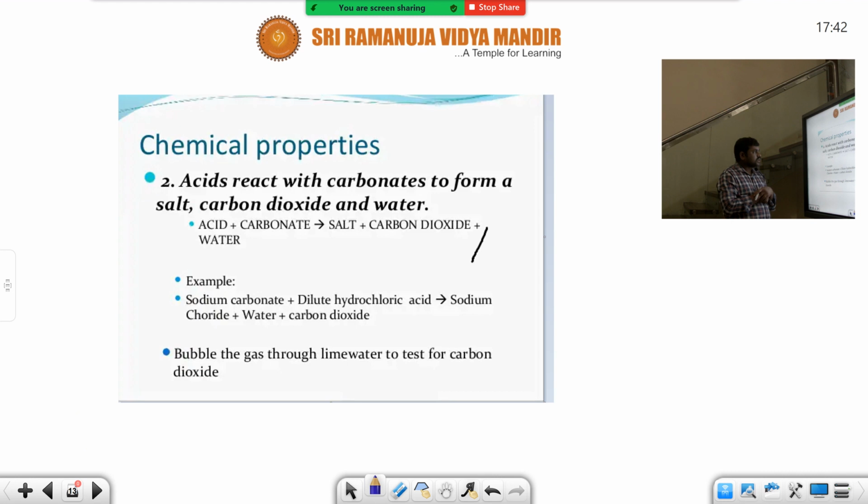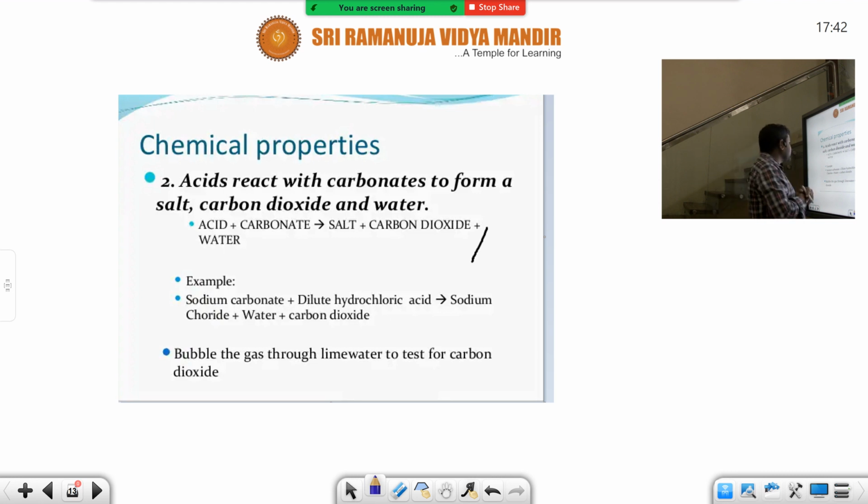Again, one more property: acids react with carbonates to form carbon dioxide, water and salt.